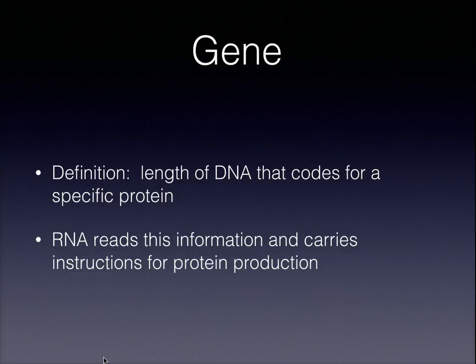Okay, so how does this relate to genes? First of all, a definition for a gene is a length of DNA that codes for a specific protein. Now, this protein may be what we call a structural protein.